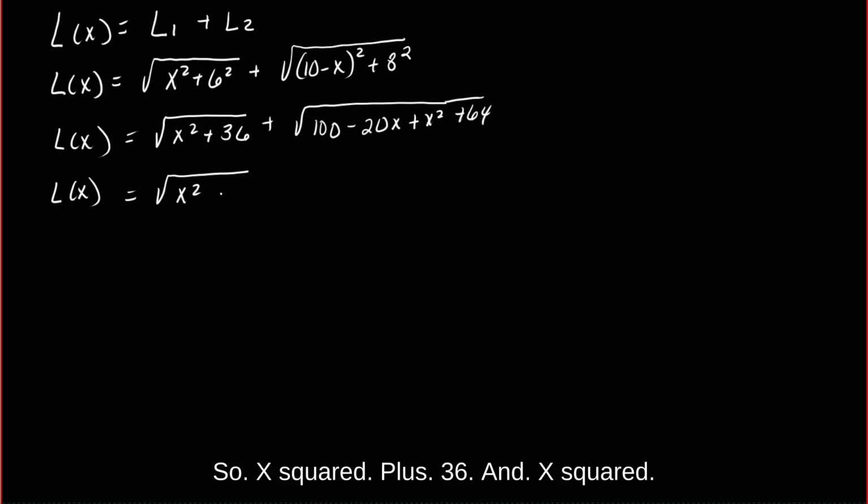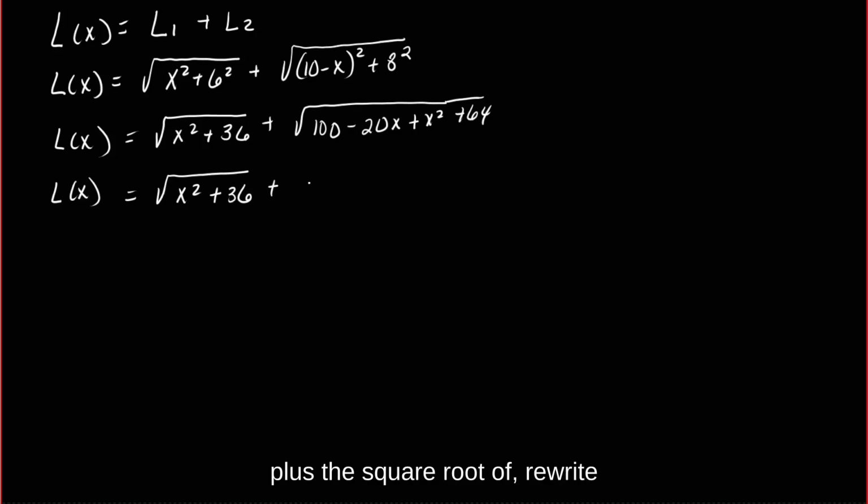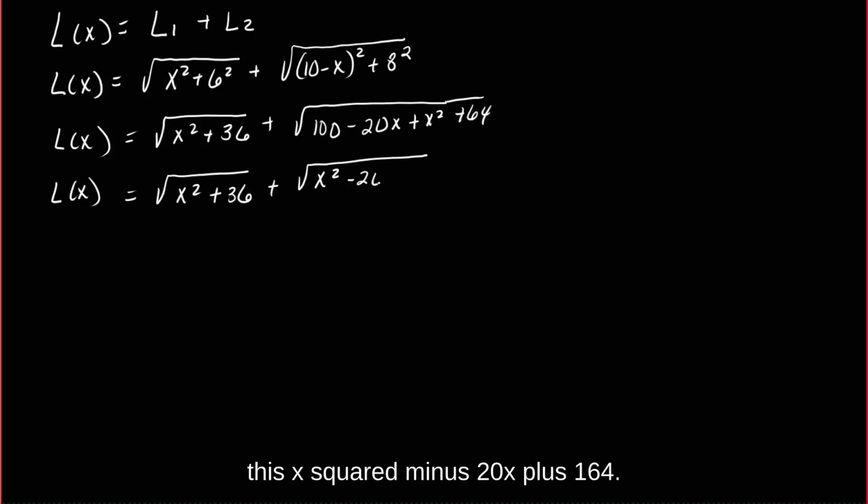So x squared plus 36 plus the square root of, rewrite this, x squared minus 20x plus 164.